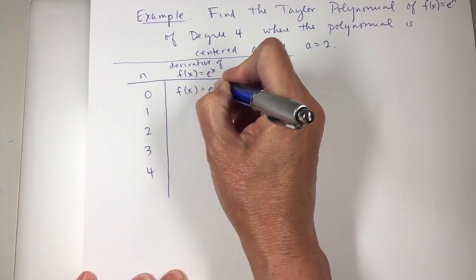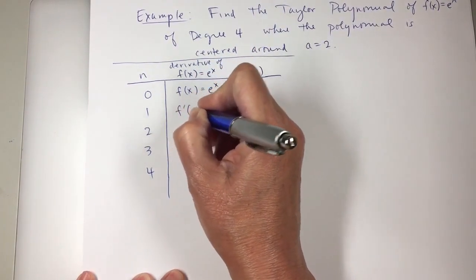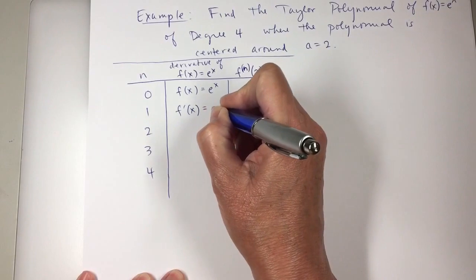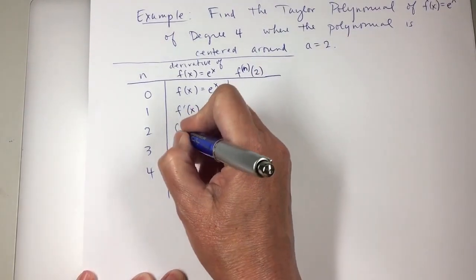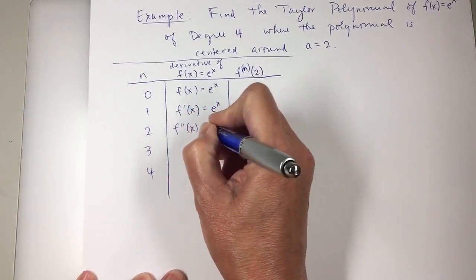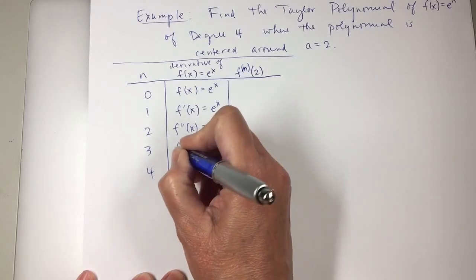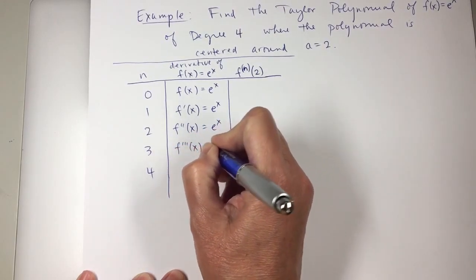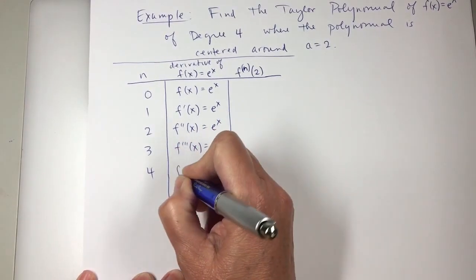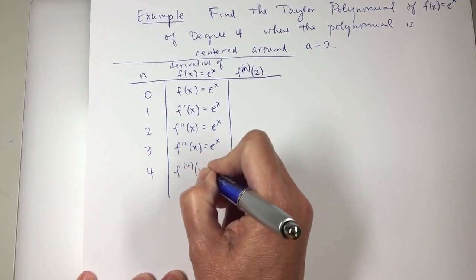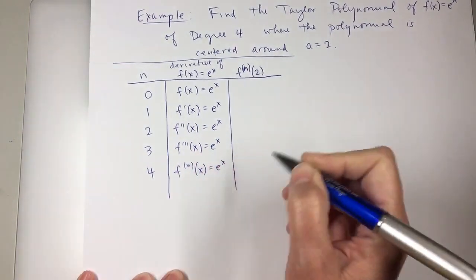So what's the 0th derivative? E to the x. What is the first derivative of e to the x? E to the x. The second derivative is e to the x. The third derivative is e to the x. And the fourth derivative is e to the x.